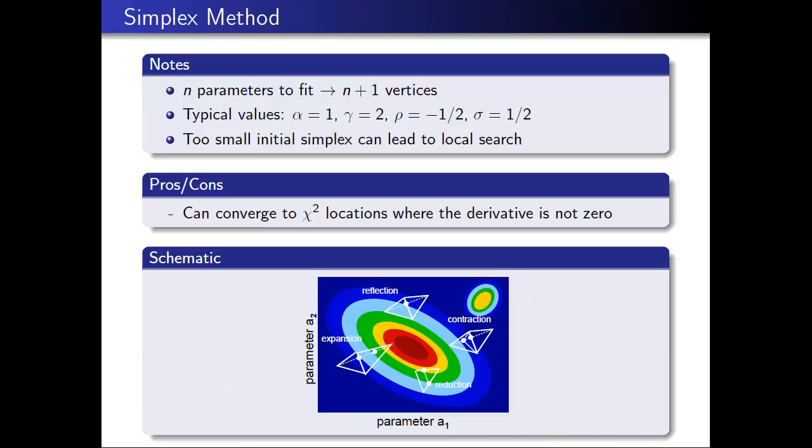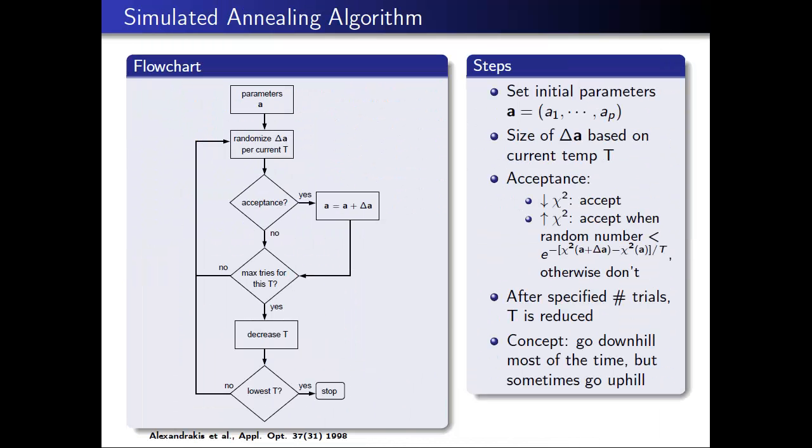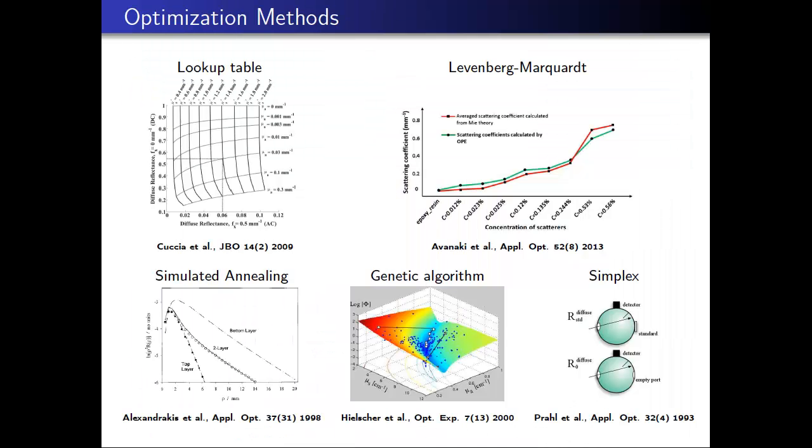Well, generally speaking, Levenberg-Marquardt or a gradient-based method is probably the predominant way to go. Most of the people start with that. But Hilscher had good success with the genetic algorithm. He had an unusual situation in which he had a rectangle of volume and two sources at the top of this rectangle, and then he had detectors along two sides of it.